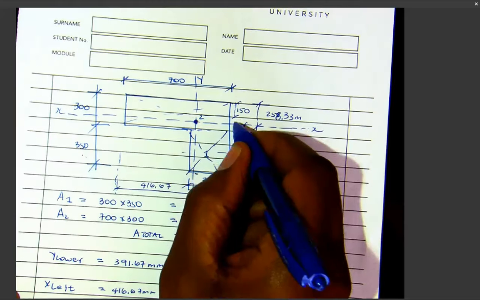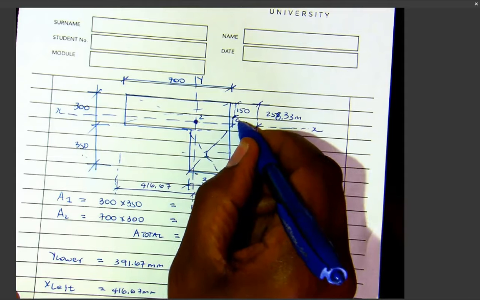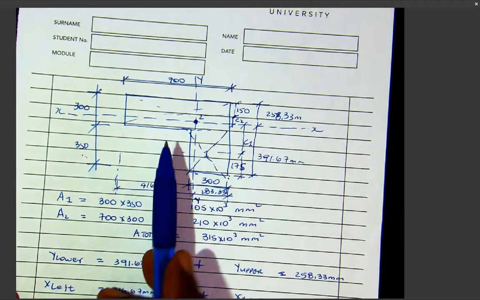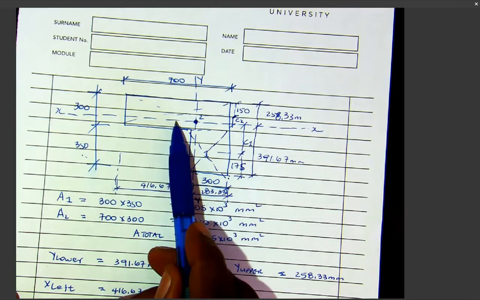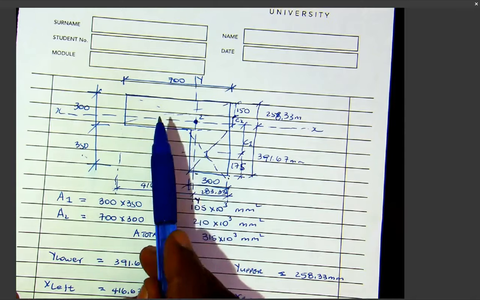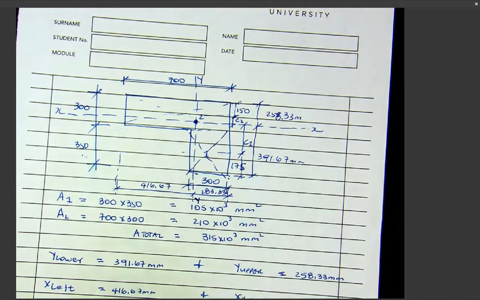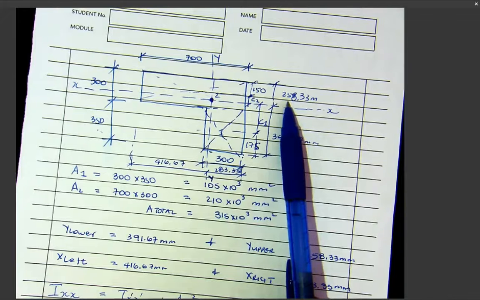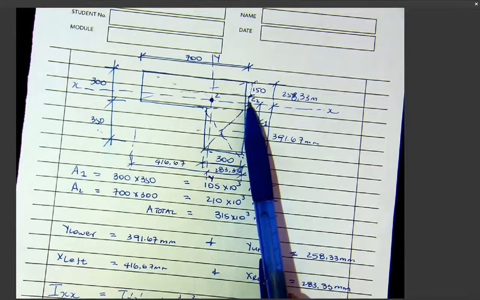So this is the distance I'm looking for. I call it C2. The distance from the center of this area to where I have my IXX, because I'm calculating IXX. Hence it's important, guys, to get the position of your IXX correct, because if the position of your IXX and your IYY are incorrect, that means your C values will be incorrect. Even if you understand the concept, but you got them incorrect, then your C values will be incorrect. So I'm going to take this now, I subtract the top one, and then I'll be left with C2.